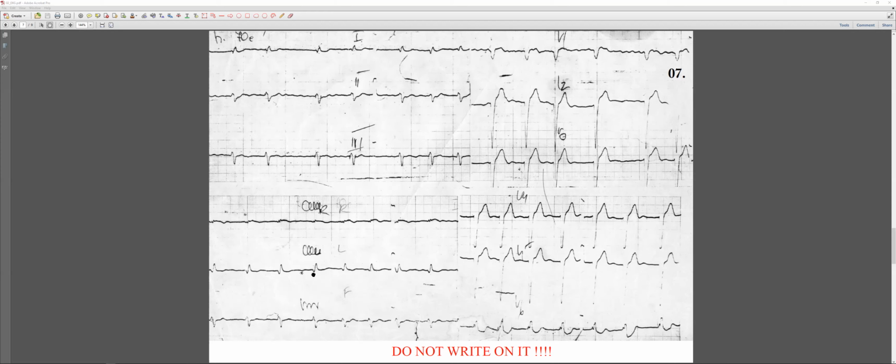It's okay, can be. And the axis: in lead one, it's positive. Okay. And aVF is negative. Okay. And lead 2 is negative, so extreme left deviation. Correct. Okay, go on.